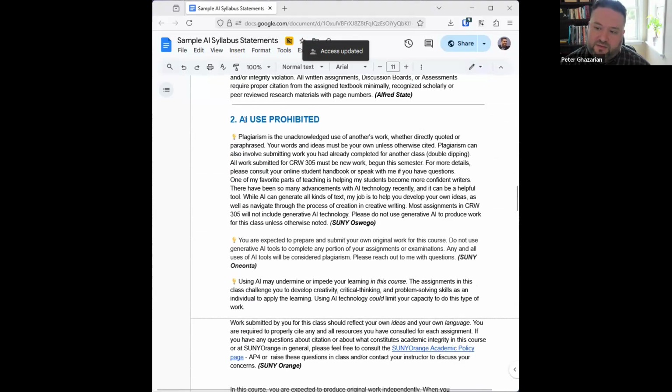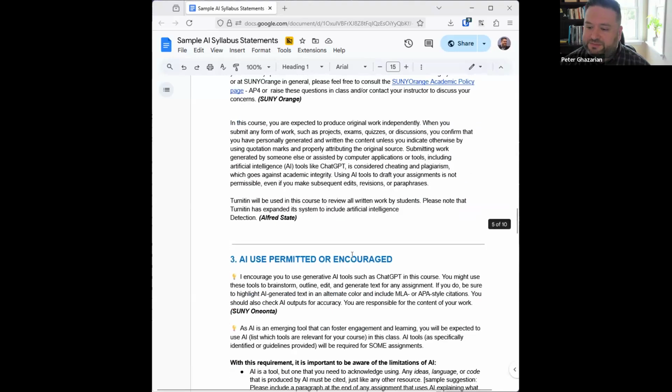And then we have some samples of what you might include in your syllabus if you want to completely prohibit AI use, which typically includes an explanation as to why it's not appropriate for that particular course, and expressly states what is not allowed for the students.